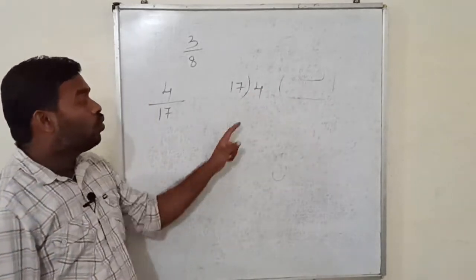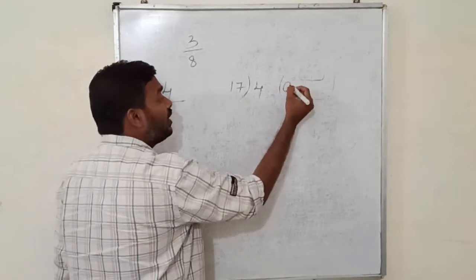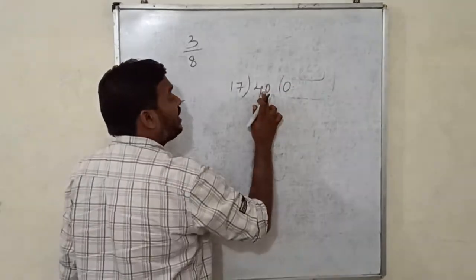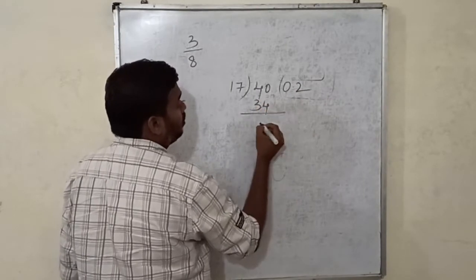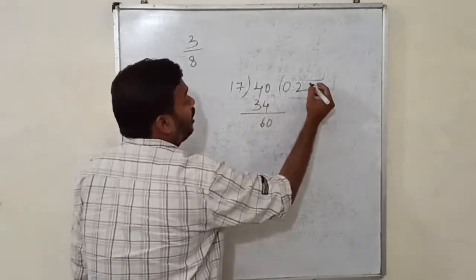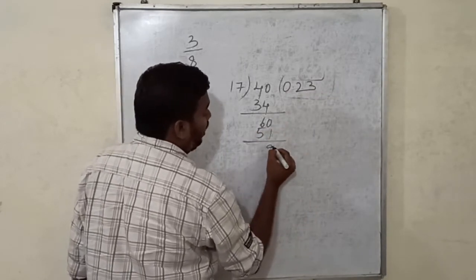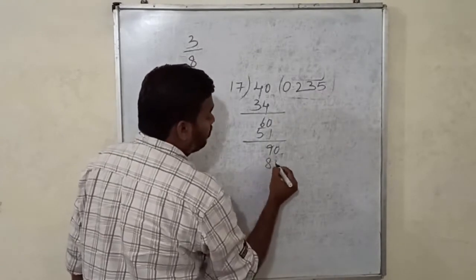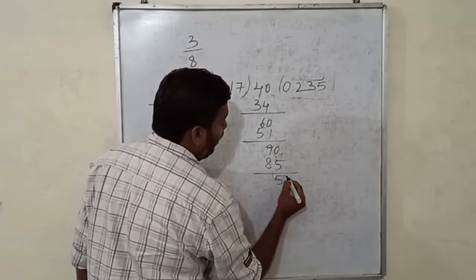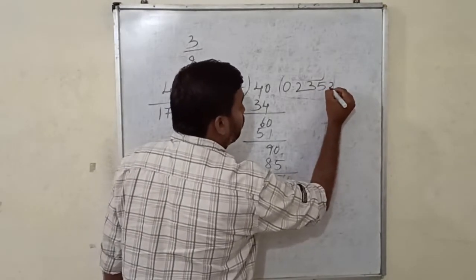Here again 4 is less than 17, you can't divide 4 by 17, so put a point and take a 0 here. 17 2s are 34, remainder 6. 17 3s are 51, remainder 9. 17 5s are 85, remainder 5. 17 2s are 34, remainder 16.